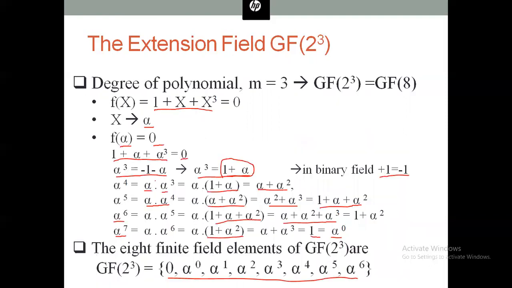You can also see it from here that 1 plus alpha square, that is alpha naught plus alpha square, is equal to alpha 6.